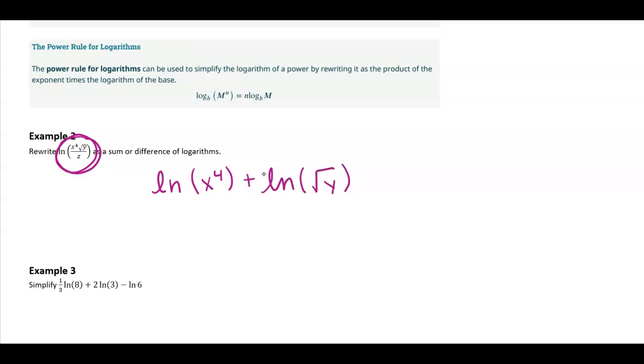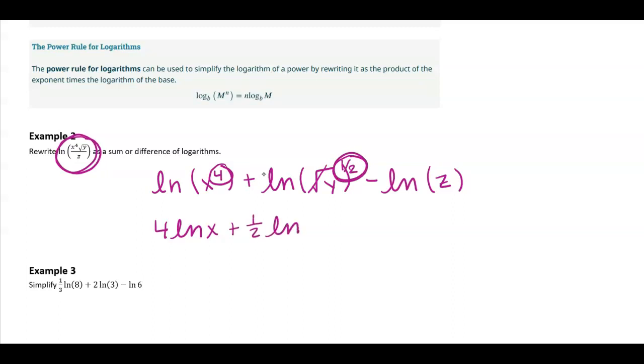Then these terms are being divided by z, so this rule says I can then subtract the natural log of z. I then have two powers. It's probably easy to see the 4, so 4 natural log of x. It might be a little bit harder to see that this square root could be rewritten as 1/2, but it can. So plus 1/2 natural log of y minus the natural log of z. And that would be my full expansion.